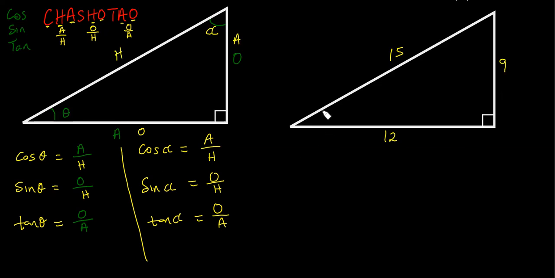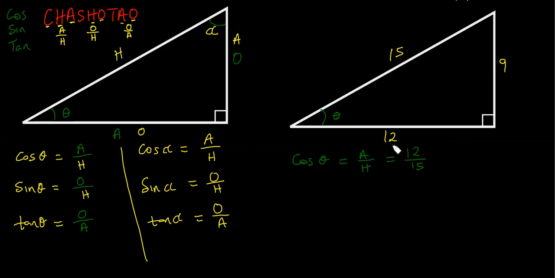If we want to look at this and say this is our theta, we'll now say cos theta is equals to adjacent over hypotenuse, which is going to be equals to 12 over 15.